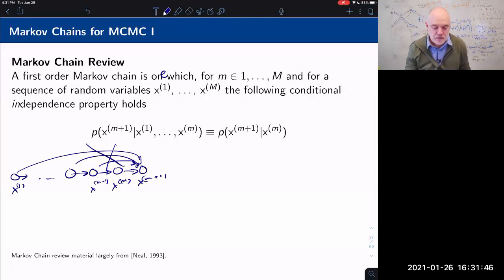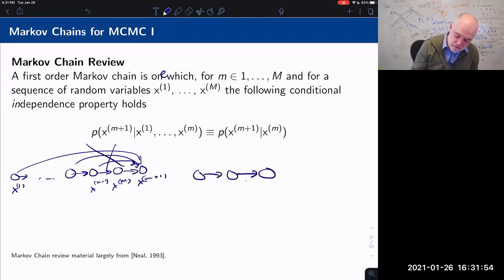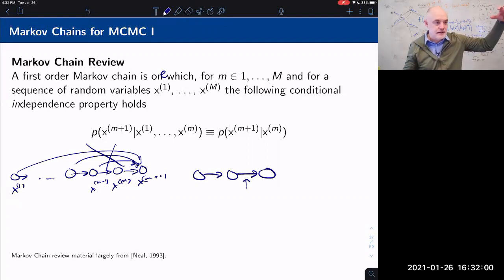To foreshadow what's going to happen, we're really going to be focused on this conditional probability distribution, and x is now going to be the entire state of our system, whatever it happens to be. All of the random variables in our graphical model, everything in our posterior distribution, and so forth.